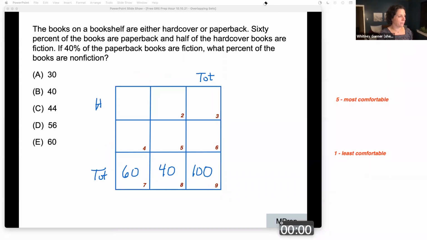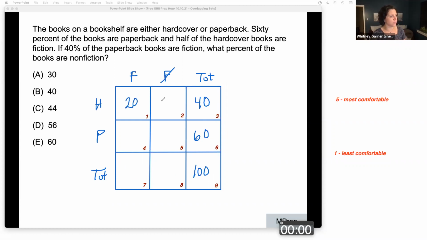Let me fix this again. I thought I gave y'all a different question. Just kidding. So I've got my hardcover paperback on one side. And I've got fiction and nonfiction. We'll go in the other direction. So my paperback books are 60, which makes 40 hardcover. And half of my hardcover, so 20 of those are fiction and 20 are not.